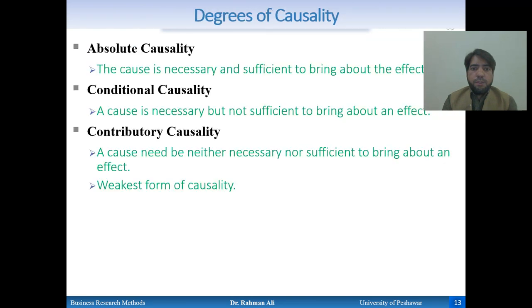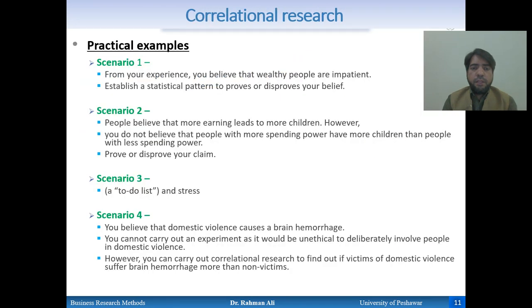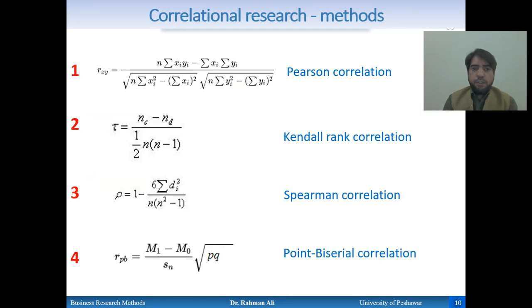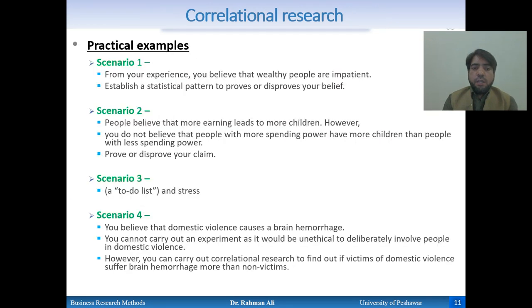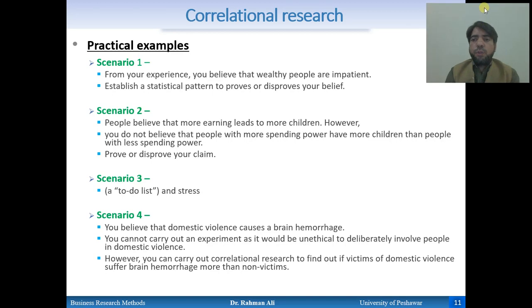Let's go back to our slide where we were. Yes, we were here, correlational. So there are some other scenarios as well, and you can practice on these. Normally we see that wealthy people are impatient, so you have to find out this correlation, whether this is true or not.